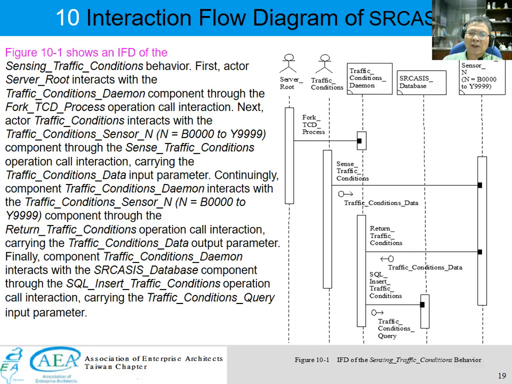The first interaction is the server root actor will wake up the traffic condition daemon component. The second interaction is the traffic condition actor will interact with the traffic condition sensor component, and the traffic condition data input will then be output to the traffic condition daemon component.